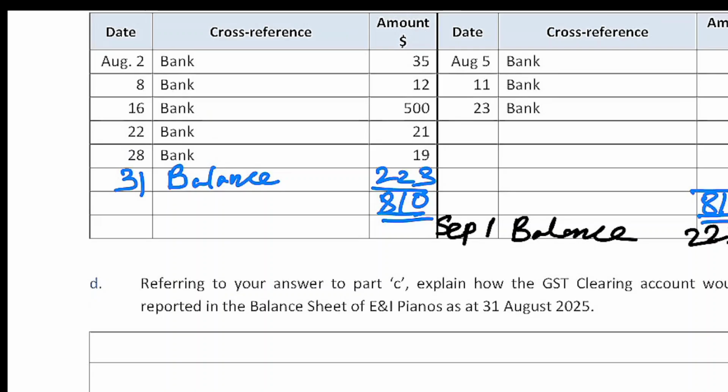That would outflow future economic resource, within brackets, cash at bank, when GST liability is settled during the next 12 months.